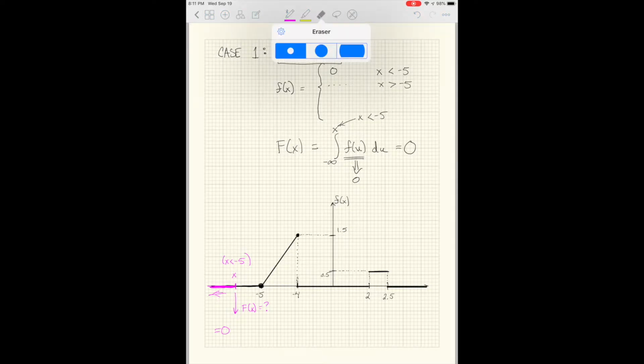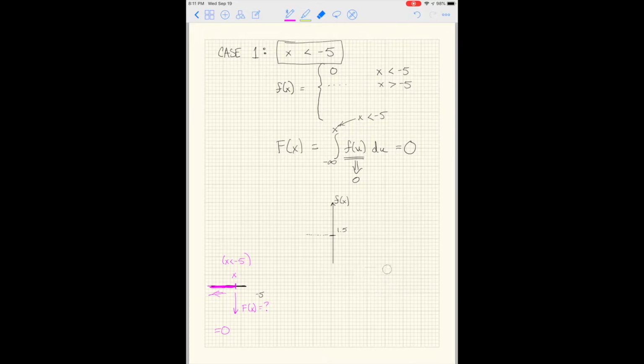I really only care about the graph up to that particular point, and there's absolutely nothing up to that point, and that's why for this particular region, f of x is equal to 0 when x is less than -5.